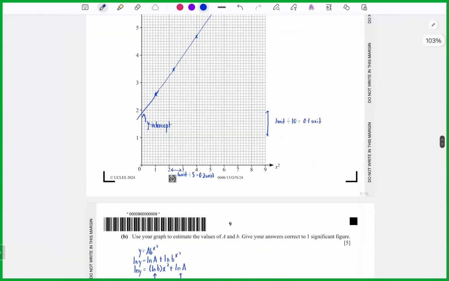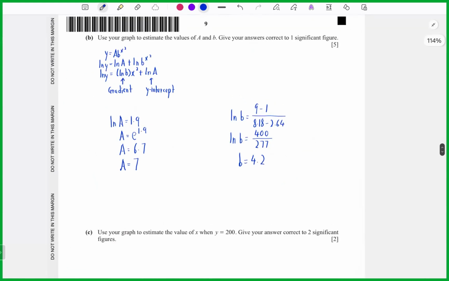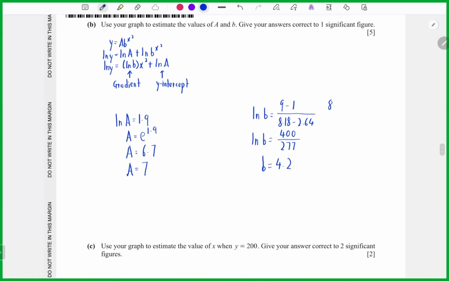Oh, sorry, I took it wrong. Actually, it's 8.18 minus 2.64 over 9 minus 1. Sorry, I took the wrong values.